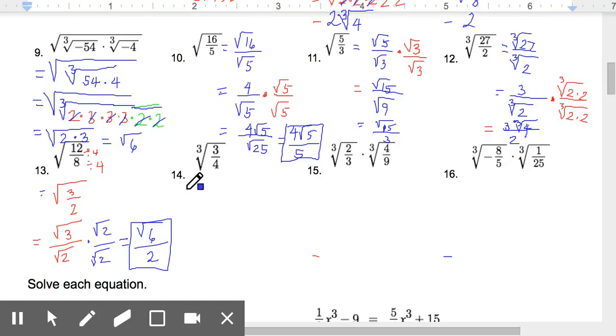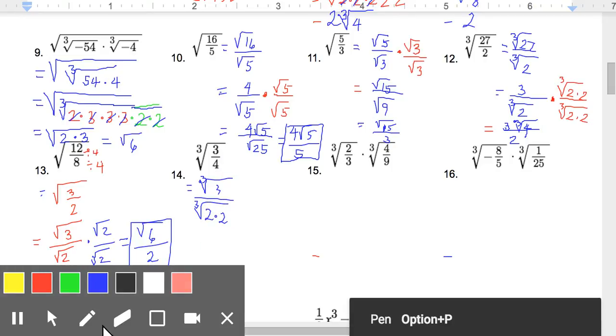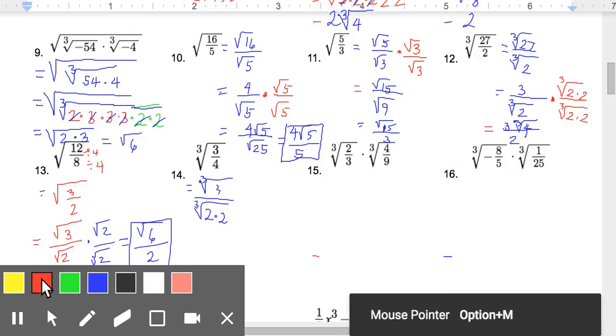Okay, for this one, 3/4 cannot be simplified anymore, so we'll just have the cube root of 3 over the cube root of 4. And I can rewrite 4 as 2 times 2. So now we notice that at the bottom, we already have 2 identical factors.